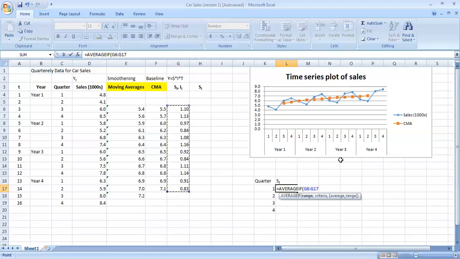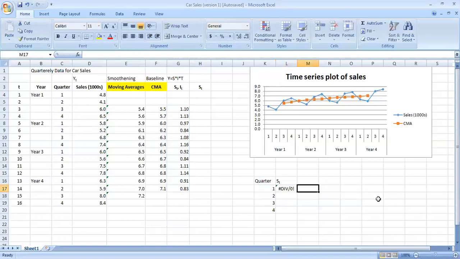The criteria is here. So we have to find the average if the quarter criteria is quarter 1, and the average range is from here to here.